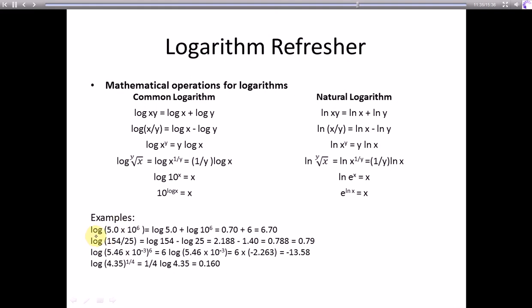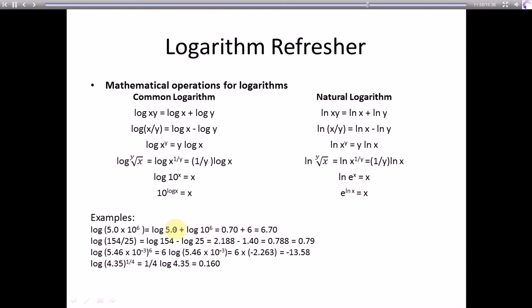In this first example, we are taking the log of 5.0 times 10 to the 6th, scientific notation perhaps, and using the top rule here, I can split this up. I have the log of 5.0 plus the log of 10 to the 6th power.